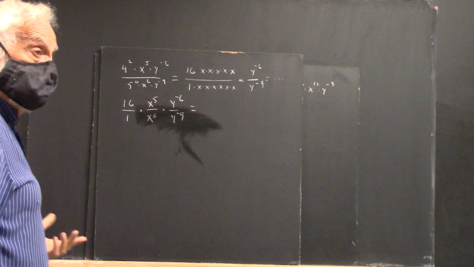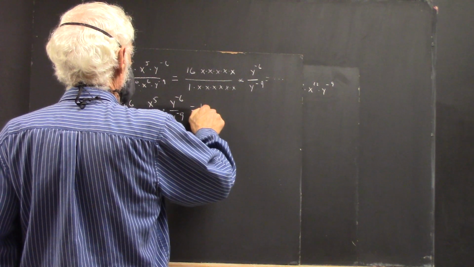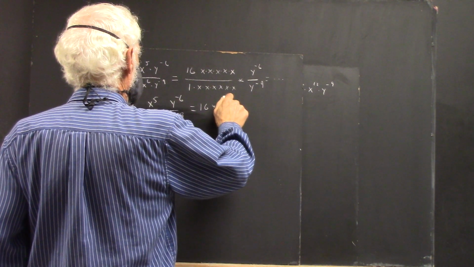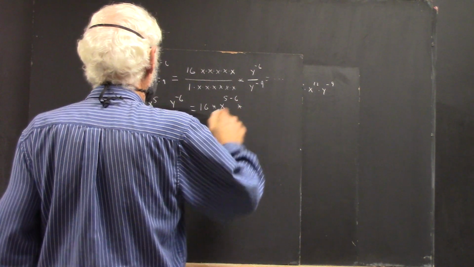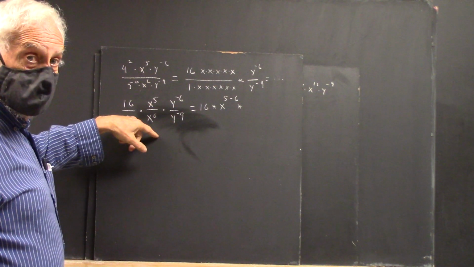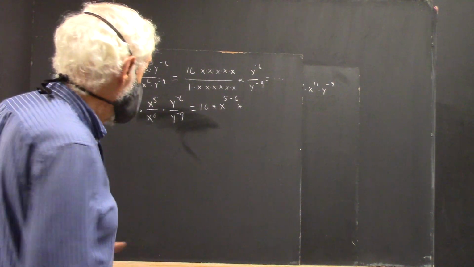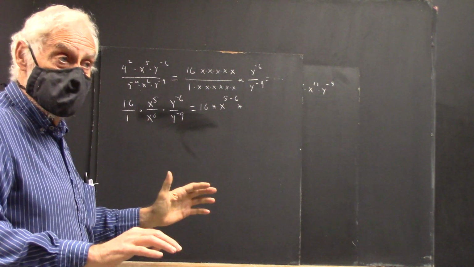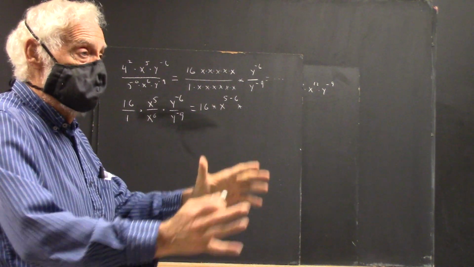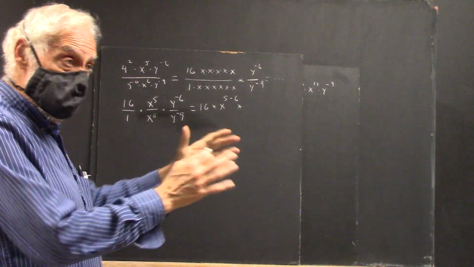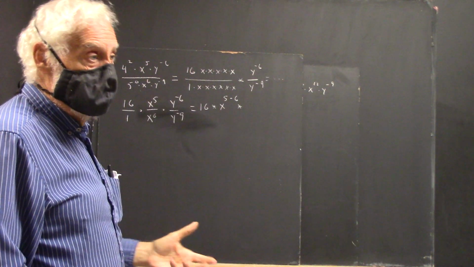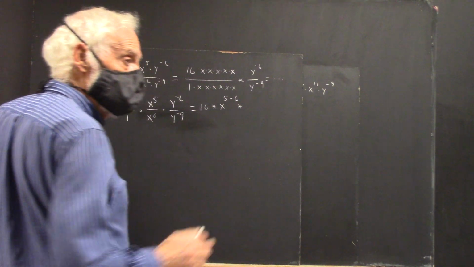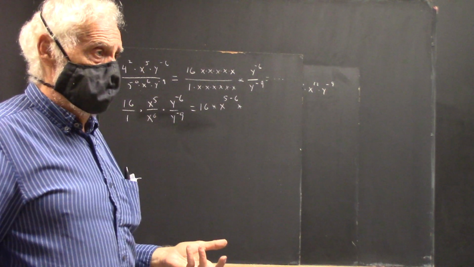And now I can apply my rule. 16 over 1 is 16 times x to the 5 minus 6, numerator minus denominator, right? And for reasons that you should totally understand, you should be able to visualize 5 x's in a row divided by 6 x's in a row, and see that you can factor it out: 5 x's over 5 x's times that one remaining x, but it's in the denominator, okay? So make sure you can visualize that. When you do this, visualize what you do to the extent that you can.